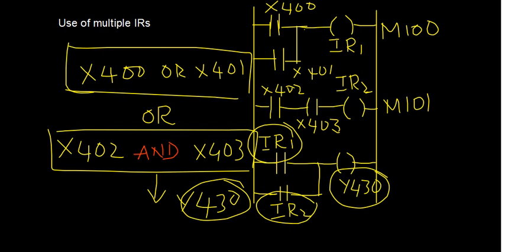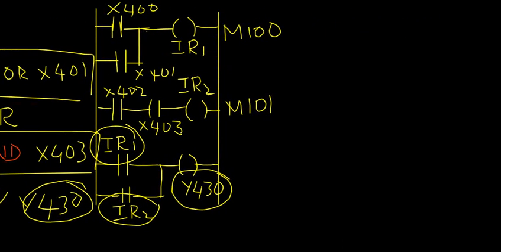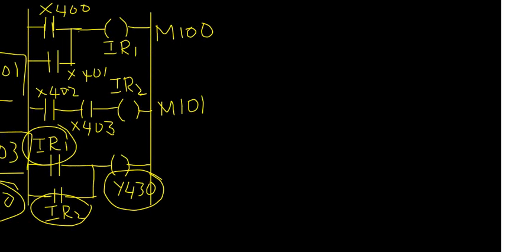Please try to look at these things from the point of view of a practical example, so that you are in a position to use them whenever practical problems are given to you. The methodology will remain the same, but you will have to properly interpret the problem statement, and accordingly you should be able to draw the ladder diagram and the instructions.